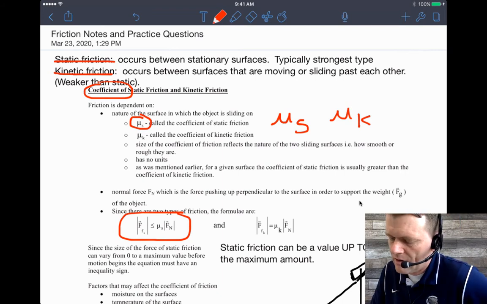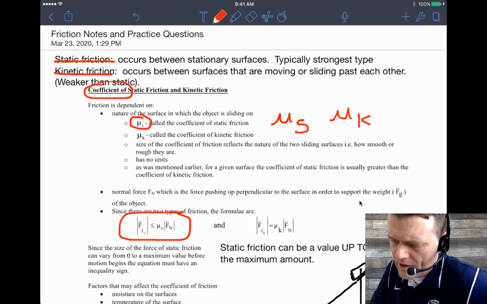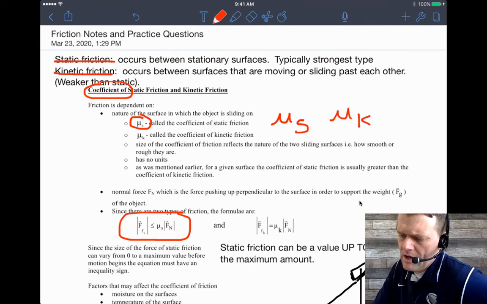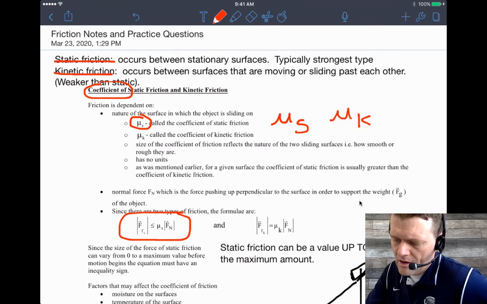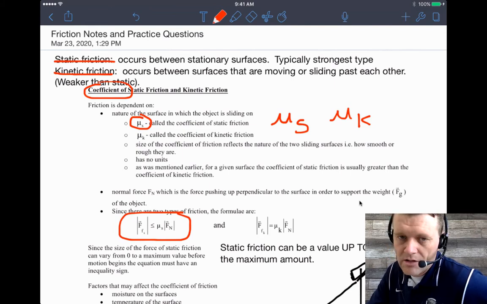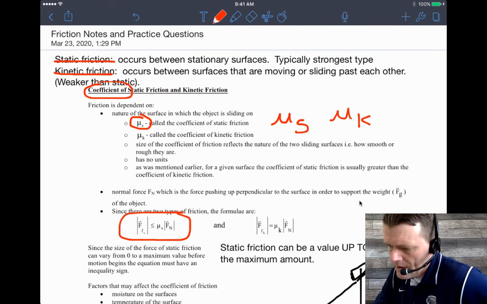The vertical lines are absolute values, but don't worry about that too much. The force of static friction, F_fs, is less than or equal to the coefficient of static friction times the normal force. The contrast for that is kinetic friction.